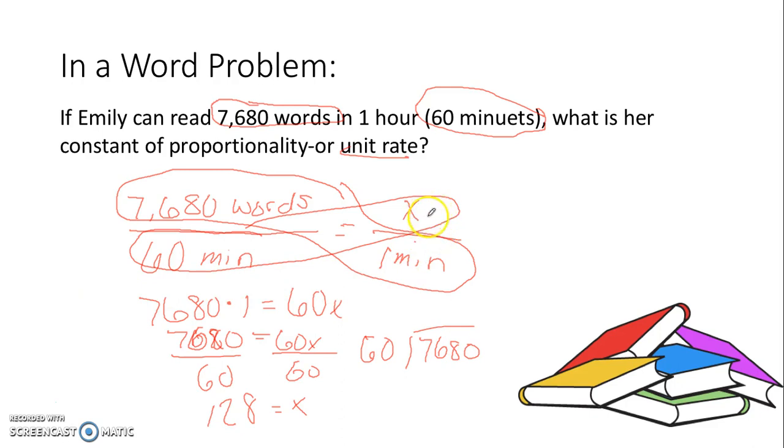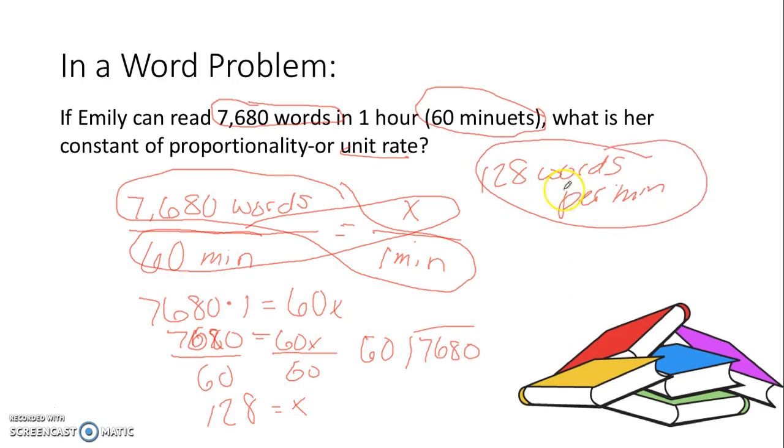So let's go back up here. X is on the same level as 7,680 words, so we know that Emily can read 128 words per minute. Okay, and that's our final answer. So that's what constant of proportionality is.